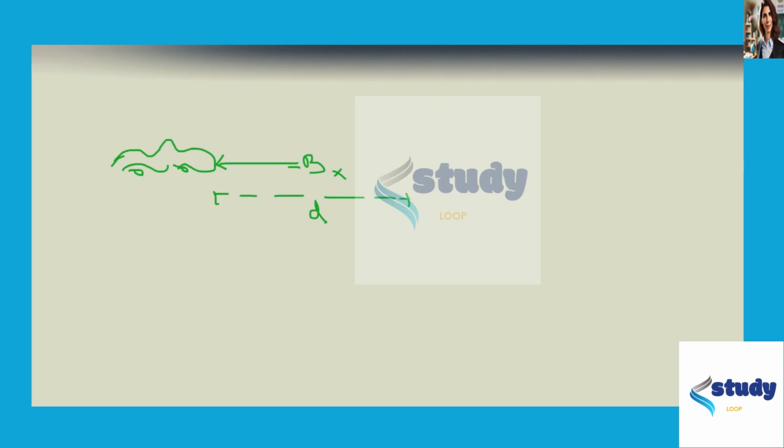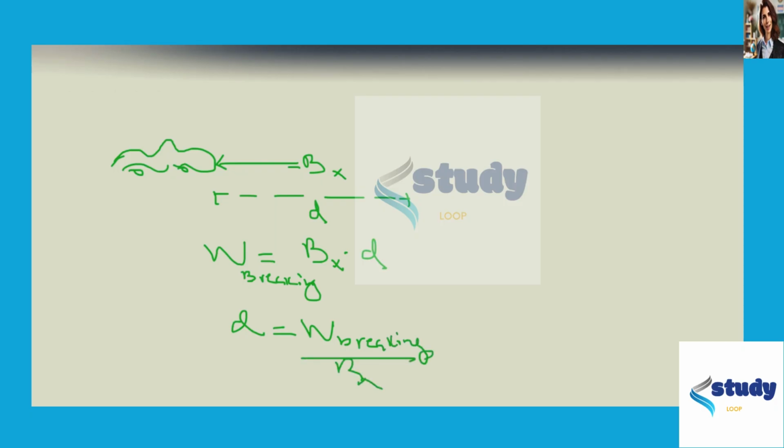And the work done by the braking force to stop the Prius is going to be the braking force times the distance. So to find the distance, we take the work done by the braking force over the braking force itself, which is Bx.